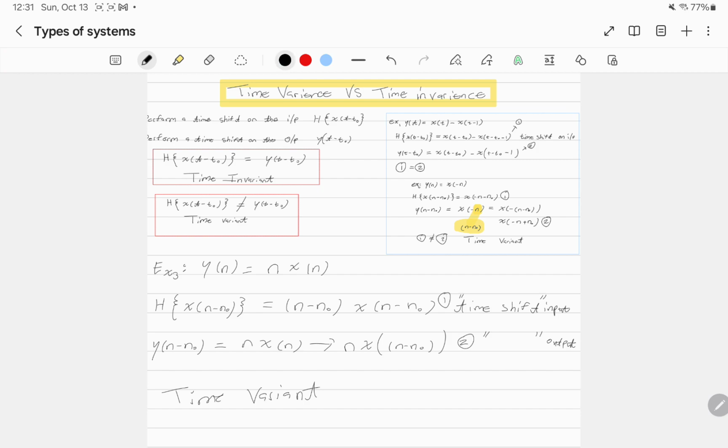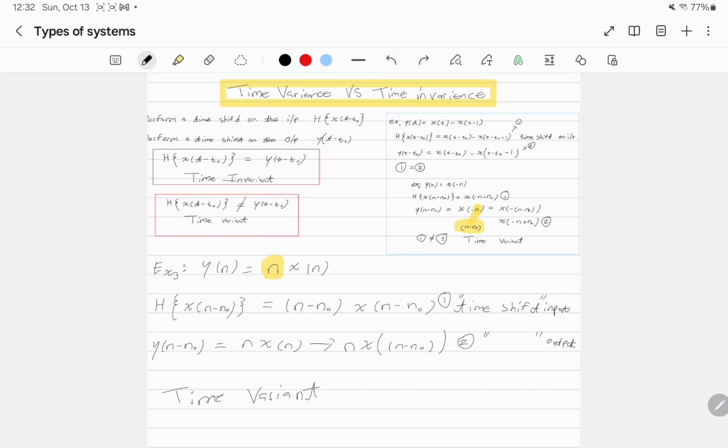And just, let's say for example, this n was a k, and if this n was a k, then you would end up just having k here as well, and a k there, and k here. Then you could see that they are equal. And this is just to give you an example, like I'm just changing the example here. Then it would actually be time invariant if there was a k, not an n. But that was just to give you an example, if it was a constant instead of an n.